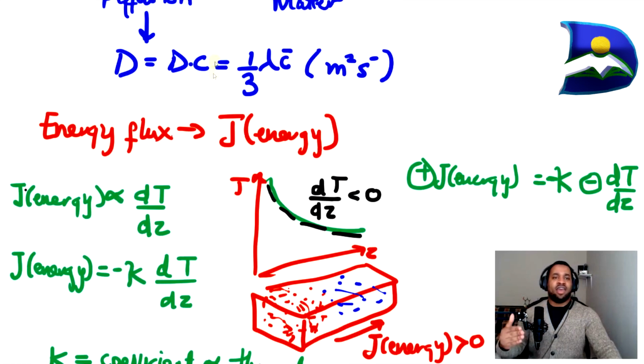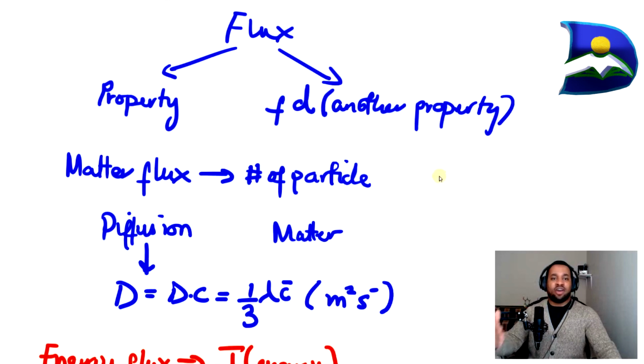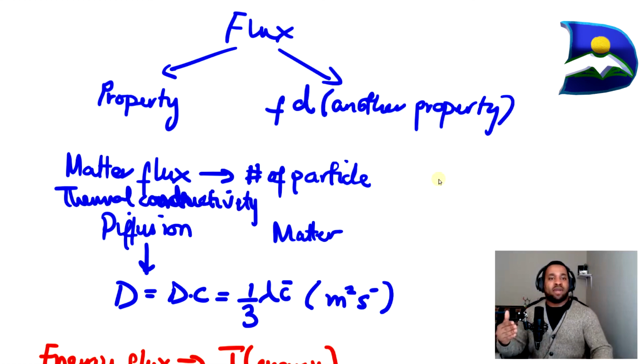This is important in understanding how energy flux is highly connected to energy, just as we have diffusion connected to matter. And so in terms of the property of focus, we have thermal conductivity as the property, and the transported quantity is, in this case, the energy.